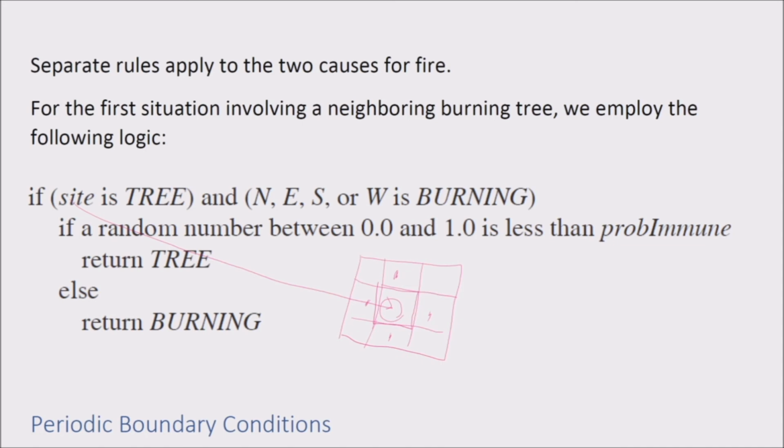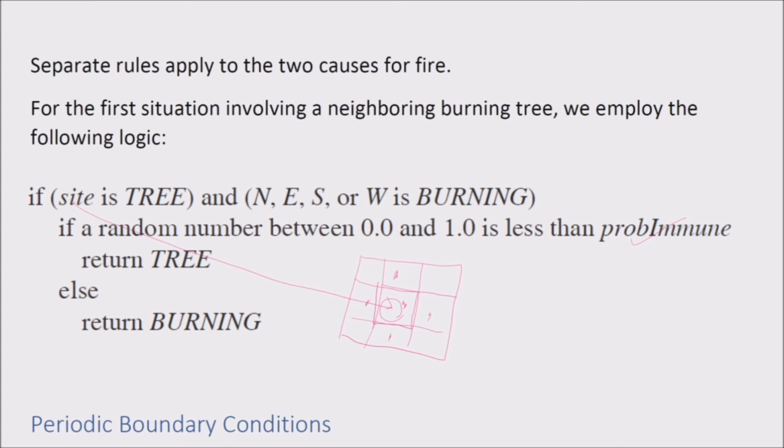I throw a random number and see whether that number falls below the immune probability. If it is less than that probability, then I consider this one immune. Immune means that whatsoever, it's not going to get caught on fire.